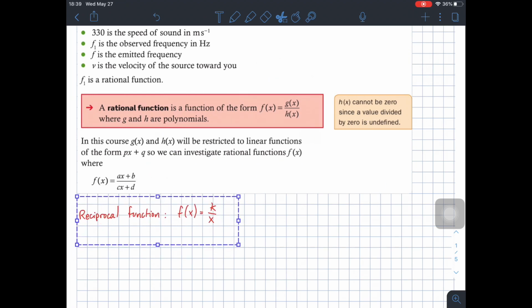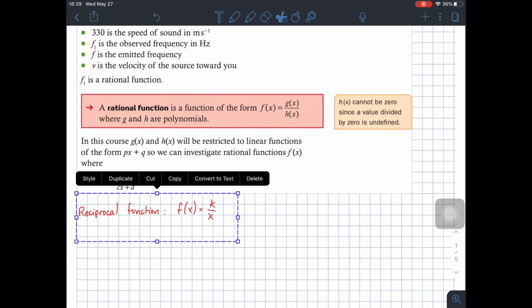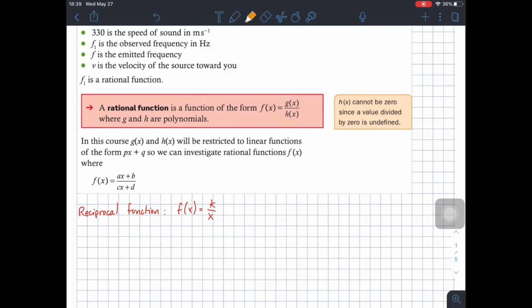Let me write that down here for you to remember. So this is reciprocal function. I'm going to organize this better.